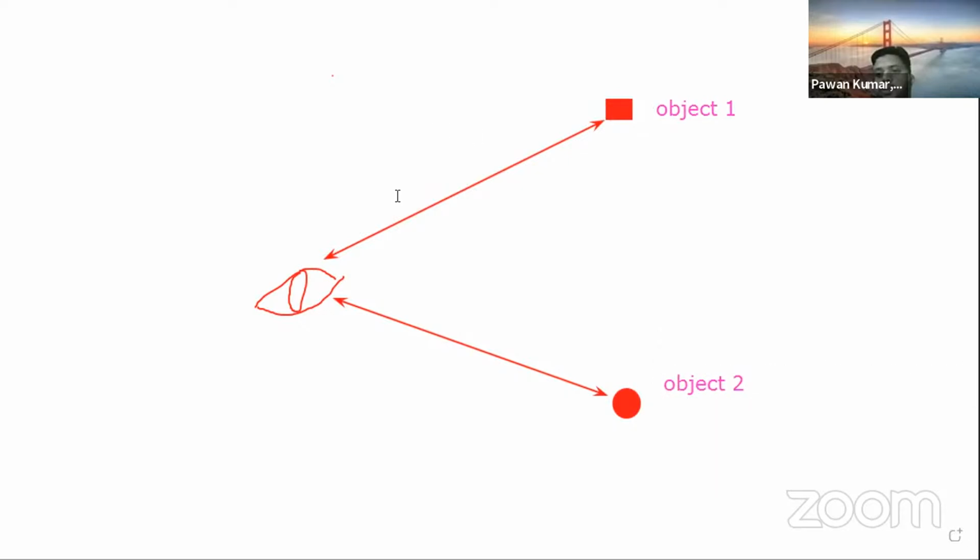Now this is a line of sight. Let it be the line of sight for 1, and this is the line of sight for 2. So the object is below the observer, and this is the observer.